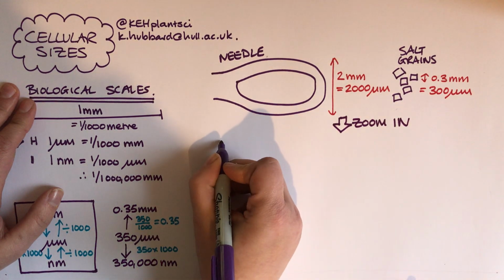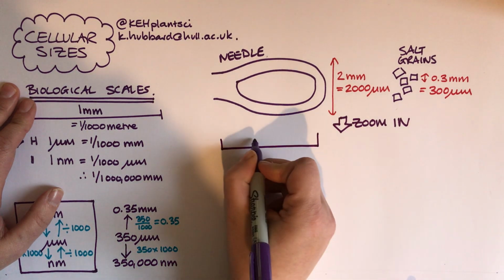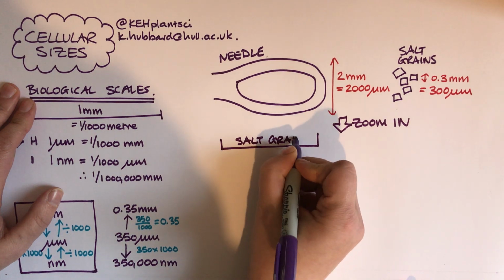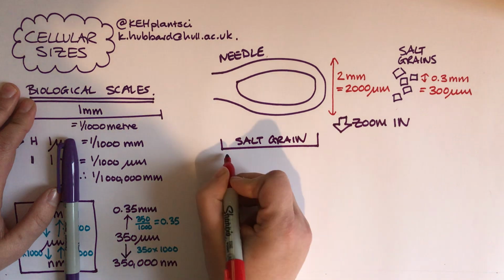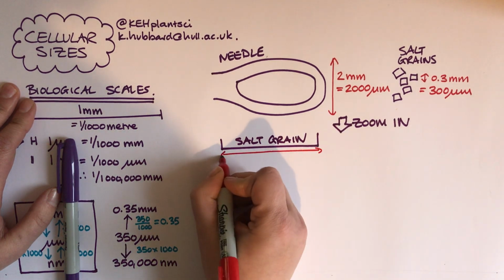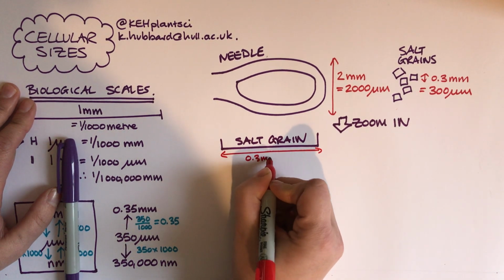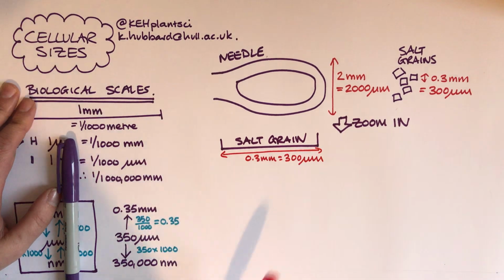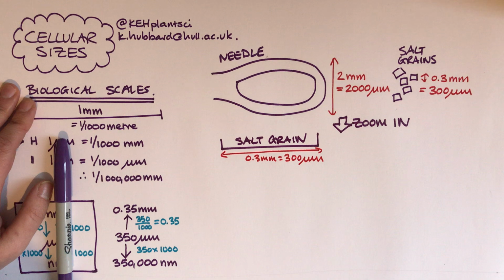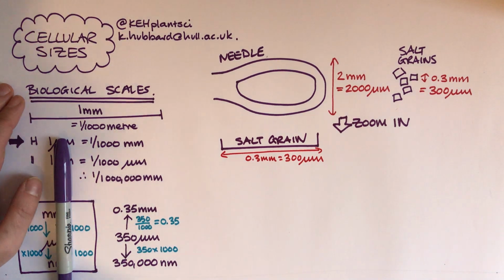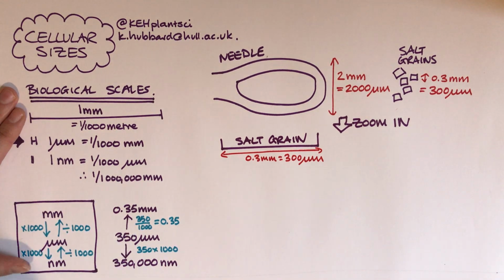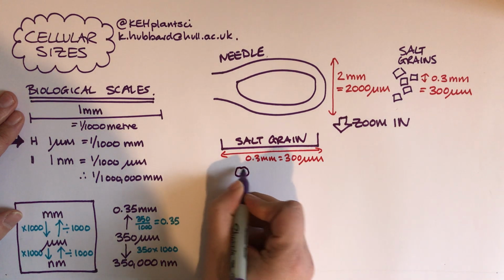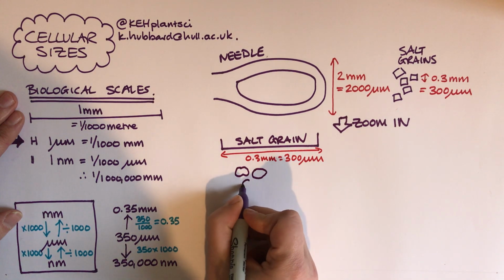Now that's the edge of one of my salt grains, which, as I say, is about 0.3 millimetres, 300 micrometres. Now we might be in a range where we can start to think about some biological cells. A eukaryotic cell might be about that sort of size.